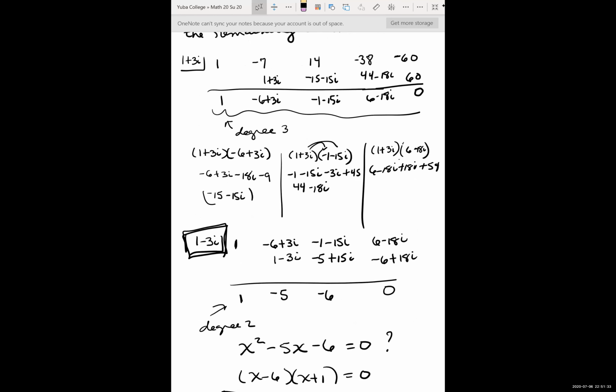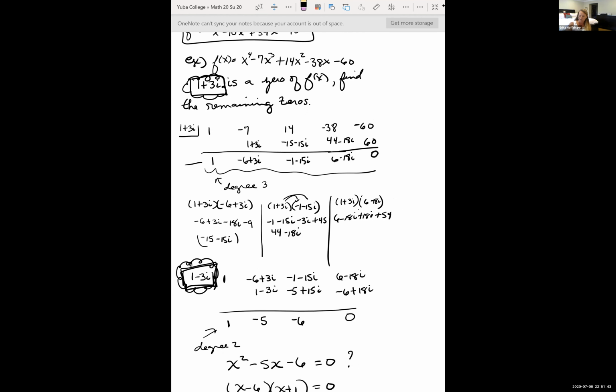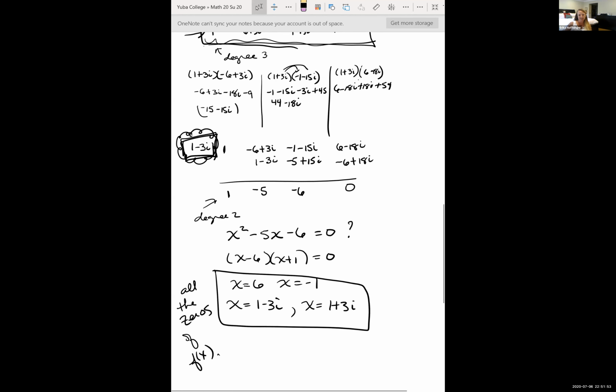Oh, are they two separate things? Yeah, those are two separate numbers. So I'm just applying it to my bottom row so that I can keep breaking this down into lower degrees. Does that make sense?